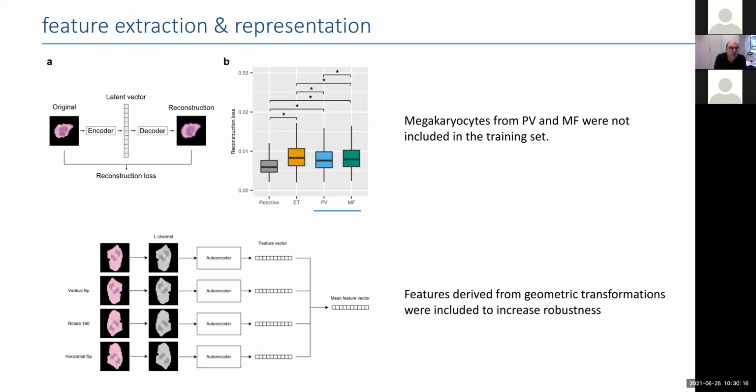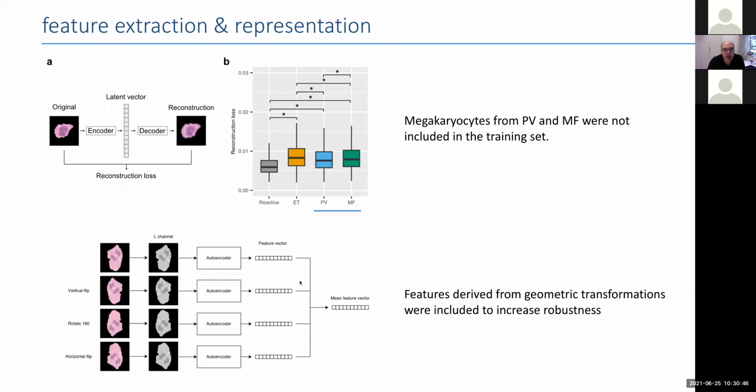So here, in terms of the feature extraction, we're really doing nothing extraordinary. We're using an autoencoder to capture the features of megakaryocytes. Then, in order to make this more robust, we also do vertical flips and horizontal and vertical flips to make the feature vector somewhat more invariant.